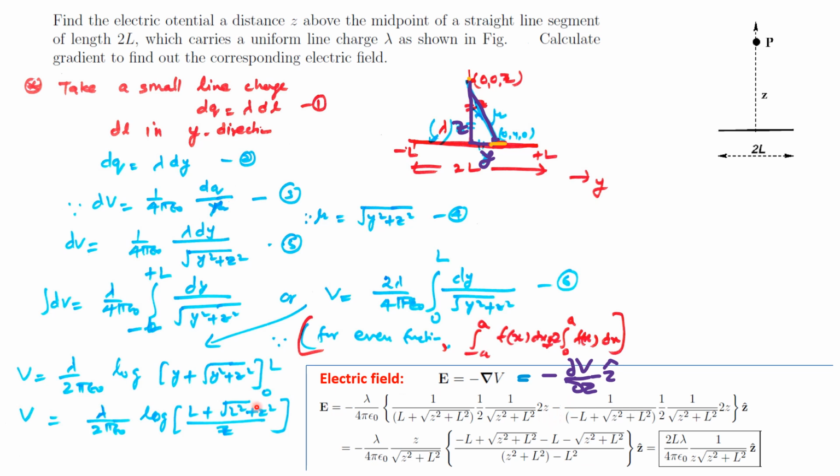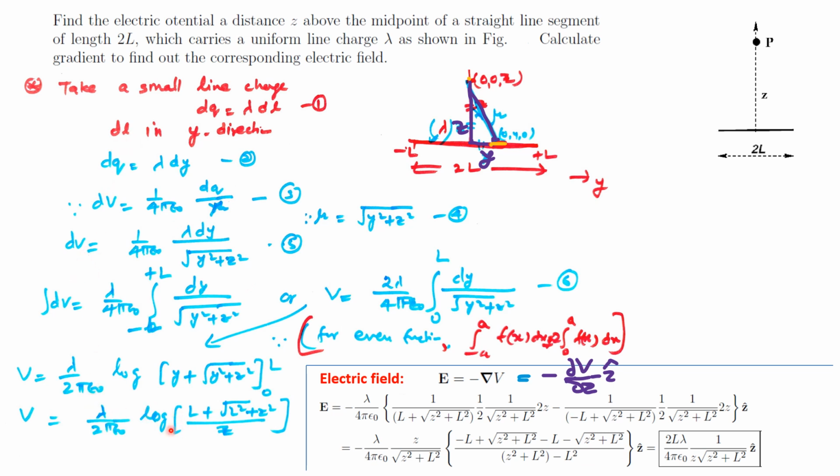If you do it by division or by the product of two functions, you will find the differentiation. So E equals 2L lambda by 4 pi epsilon naught, 1 upon z times the square root of z square plus L square, in the z cap direction. So this is how we can find the electric field by first calculating V.